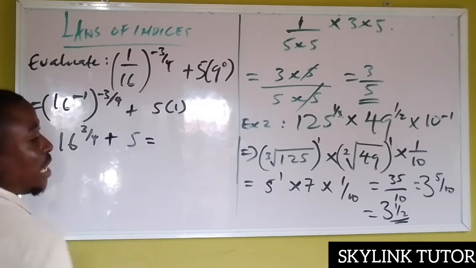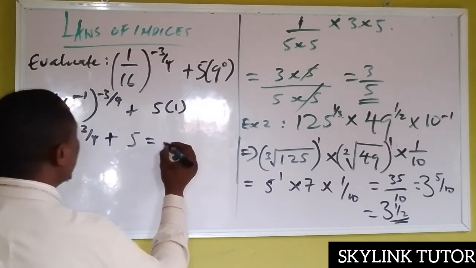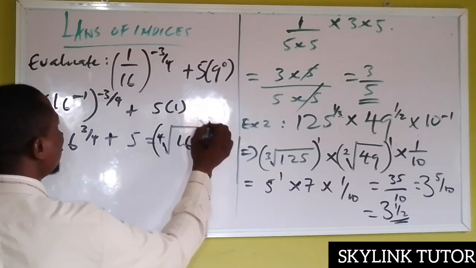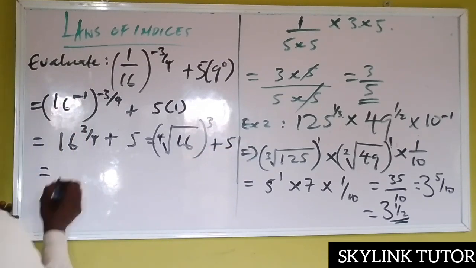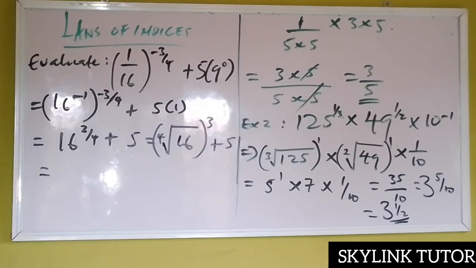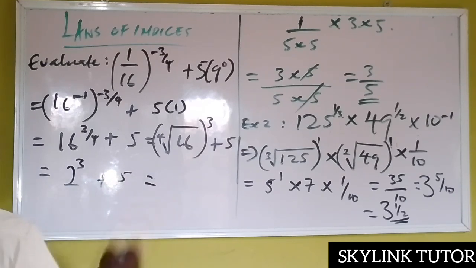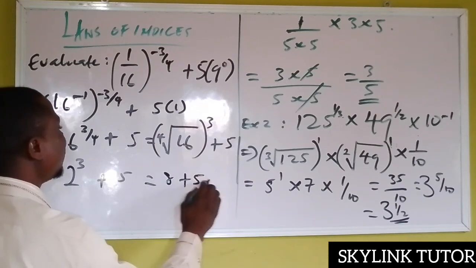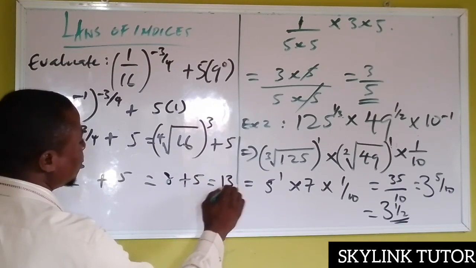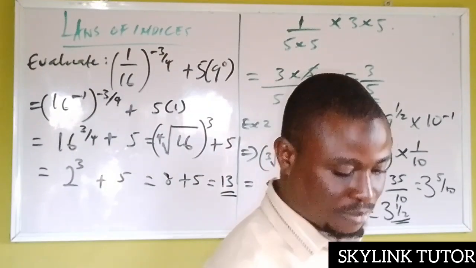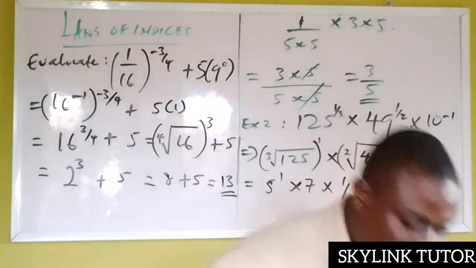Applying the fractional index law, your 4 is going to stay here, your 16 will be here, and then your 3 is going to be here, plus the 5. Which number do I multiply 4 times to give me 16? That one is 2, raised to power 3, then plus 5. 2 raised to power 3 is 2 times 2 times 2, that is 8, plus 5, that is 13. I think I'm making sense. So our answer is 13.